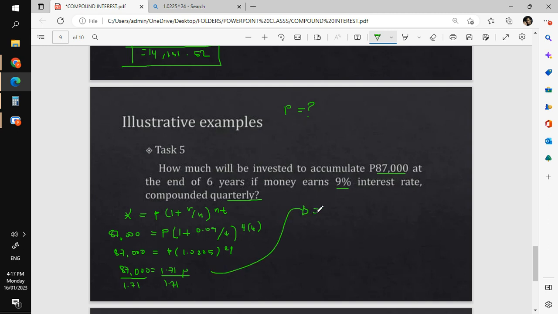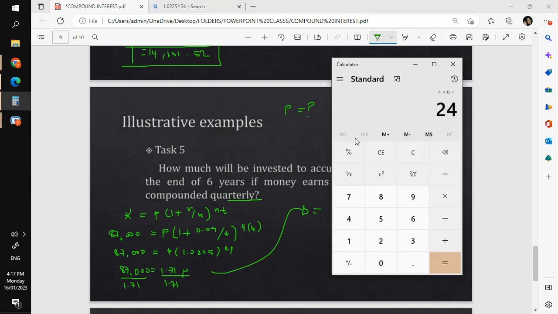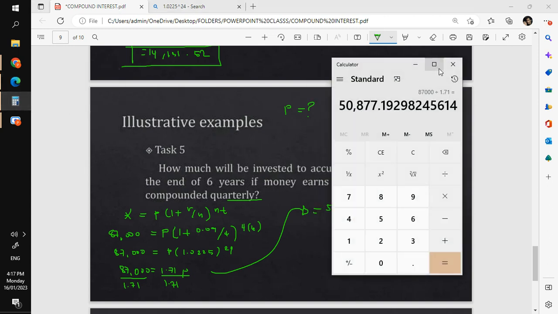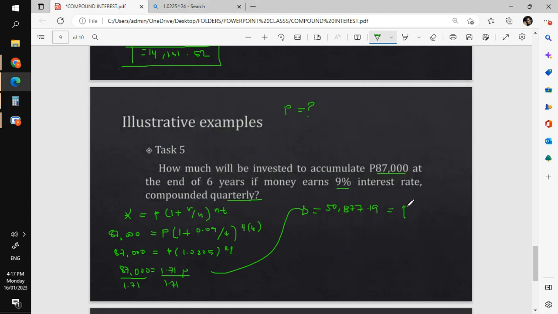So this gives us 87,000 divided by 1.71. The answer is 50,877.19. This will be our principal amount.